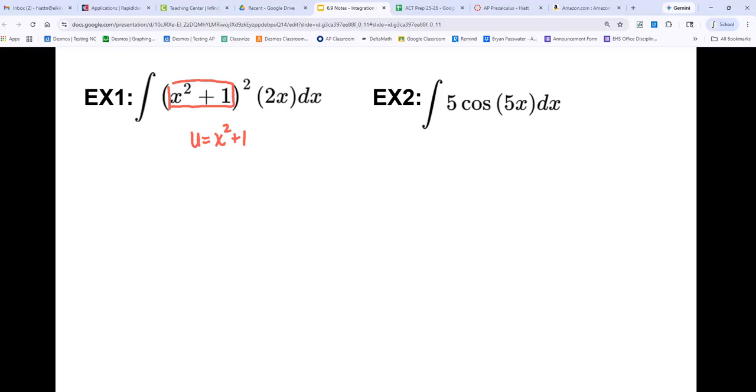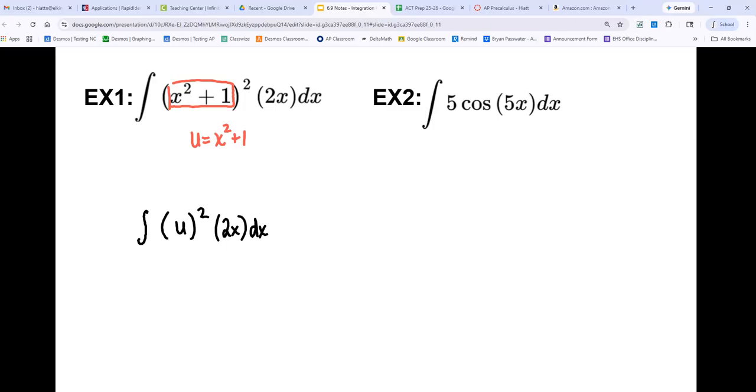Now, what that means is I could instead say that I've got the integral of u squared, but I still have times 2x dx right here, right?